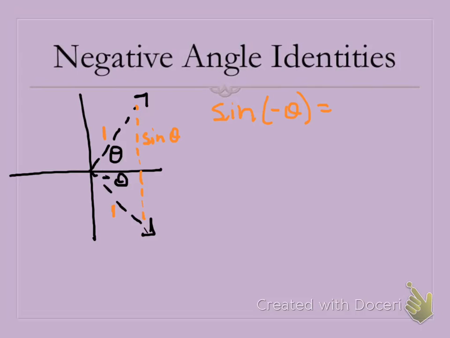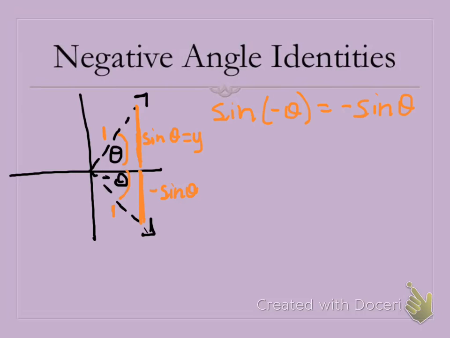So this y value for the positive sine is a positive y. This y value, however, for the negative angle that we're taking sine of, is actually going to end up being a negative sine because we're going down from our axes instead of up. So if I take the sine of a negative angle here, then it would be the same as the positive angle, but negative.